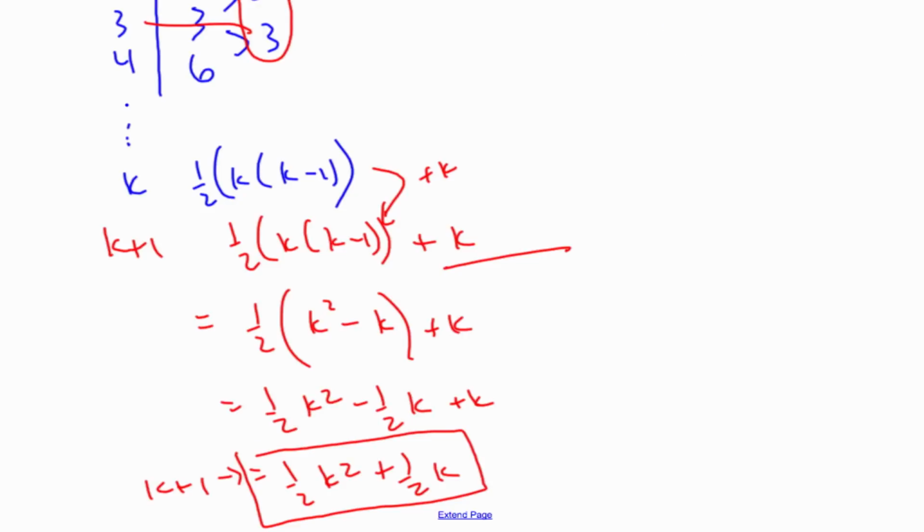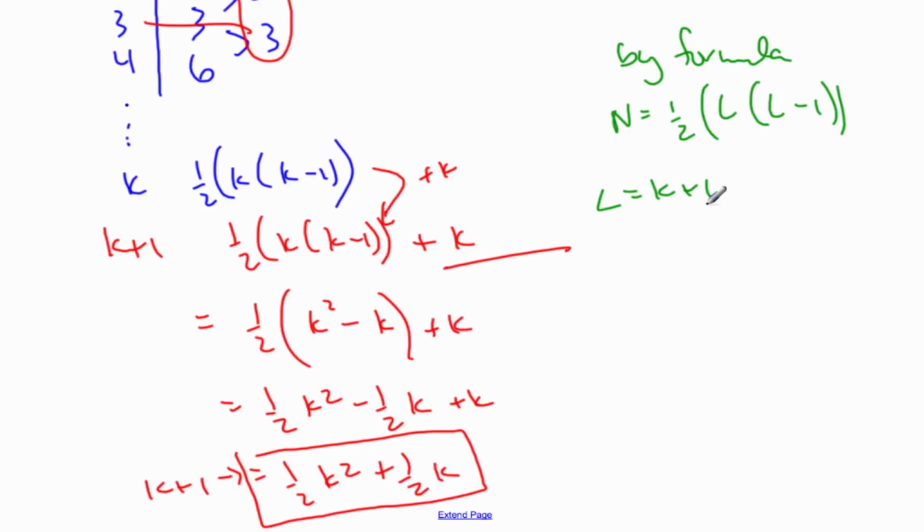Now if I go by formula, I know my formula is N is equal to 1/2 L times L minus 1, and I'm going to plug in L equal to K plus 1.